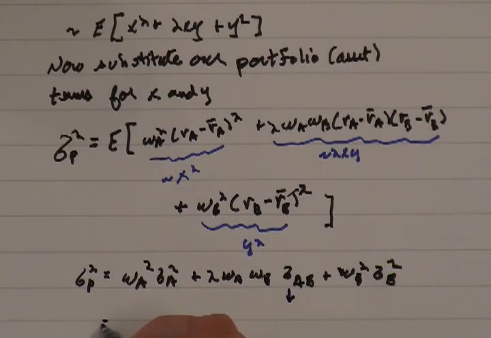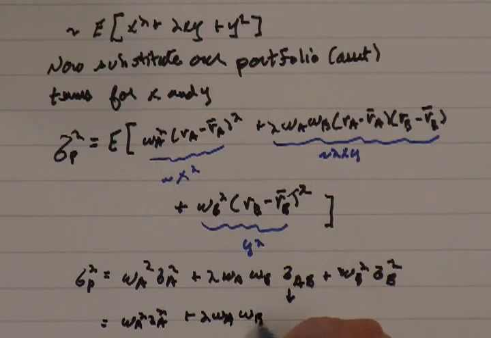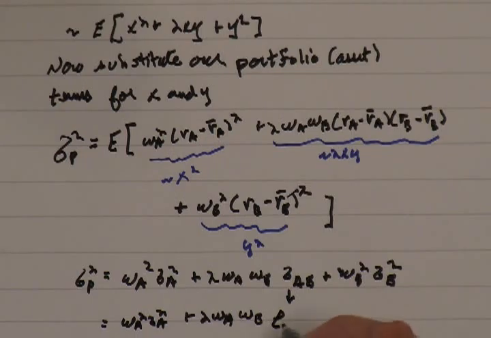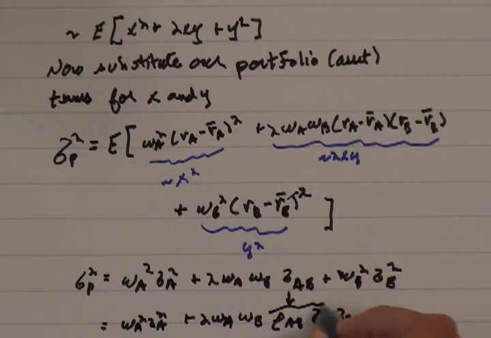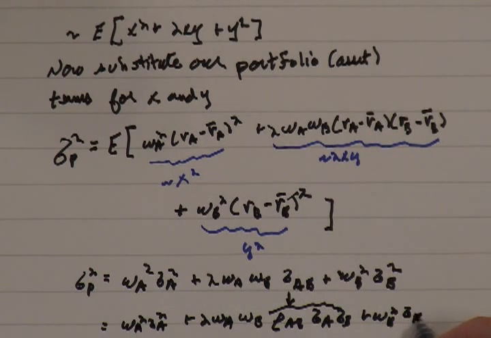So this equals WA squared sigma A squared plus 2 WA WB rho AB sigma A sigma B plus WB squared sigma B squared.